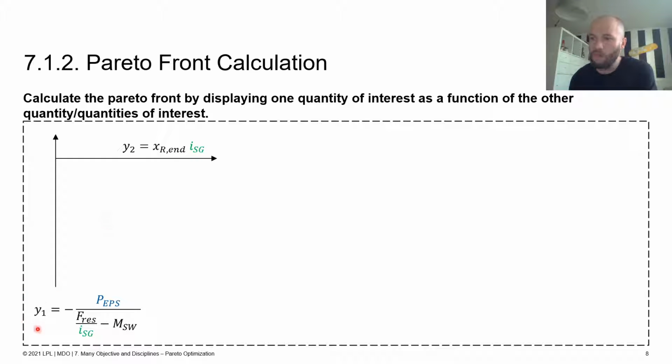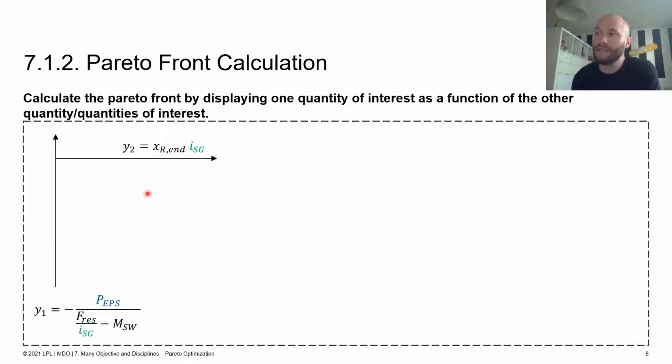So we have the formula for the first quantity of interest, which is the maximum steering wheel angular speed, which is affected by both design variables, so by the power of the EPS actuator and the gear ratio. And then we have the second quantity of interest, and this is important, which is only affected by one design variable, which is the gear ratio.